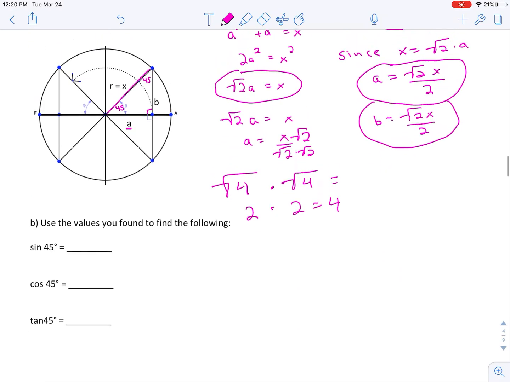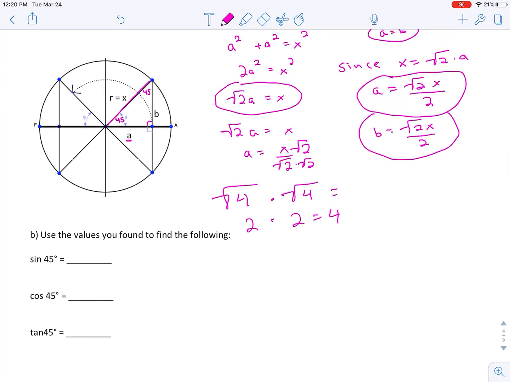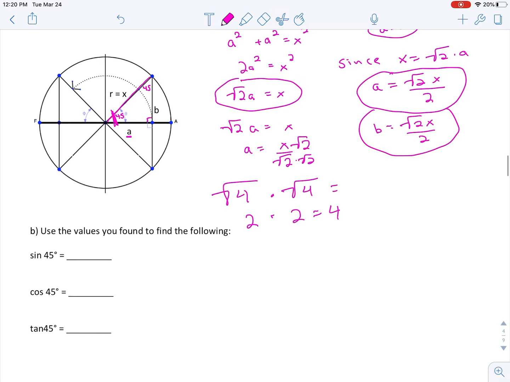Okay, going down here, b, use the values you found to find the following. Sine of 45 degrees. Well, I know that the sine of 45 degrees, and I could use either 45 degree angle, is equal to opposite over hypotenuse. What's opposite 45? B over x. And now I just have to use substitution to state what b and x actually are.